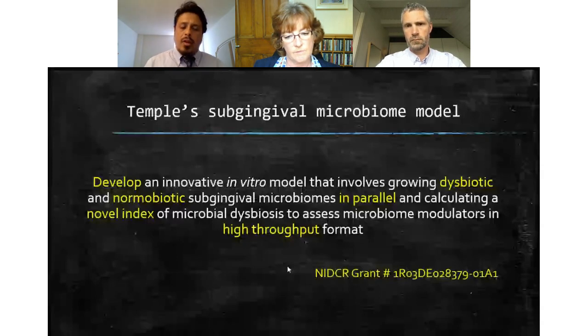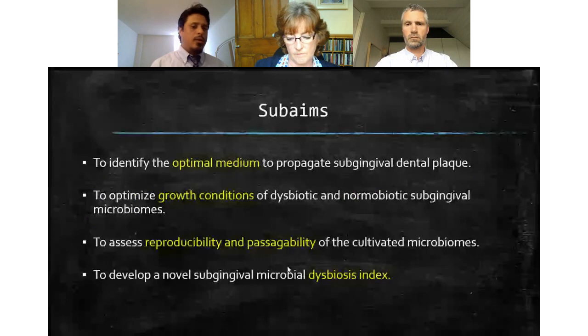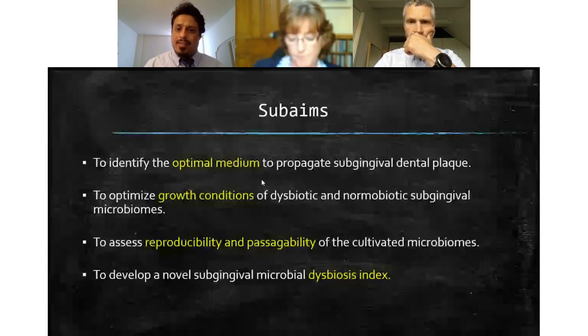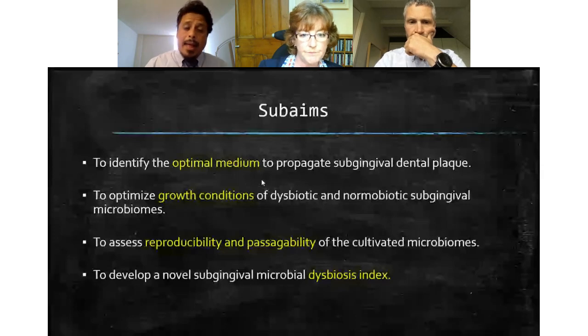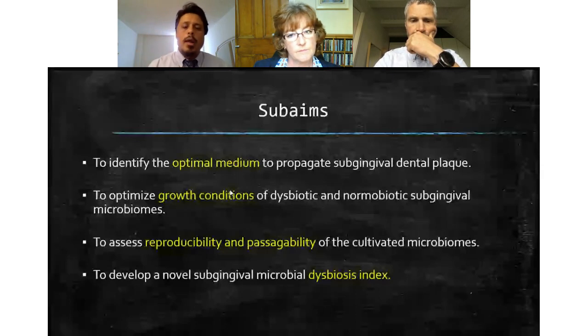To address this goal, we divided the work into 4 stages or sub-aims. The first was to identify the optimal medium to propagate the subgingival dental plaque, and then fine-tune the growth conditions like pH, temperature, shaking, and so on, so that we can maximize the similarity between the in vitro microbiomes and the original samples.